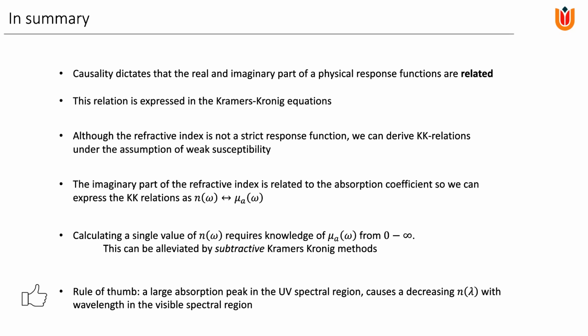As a rule of thumb, remember that if you have a large absorption peak in the UV, for blood, water, or glass, then you will have a decreasing real part of the refractive index. If you remember that rule of thumb, you know there's a lot of math behind it. That's my message today. So go work on the assignment and have a good weekend.